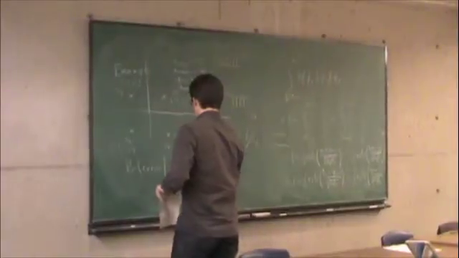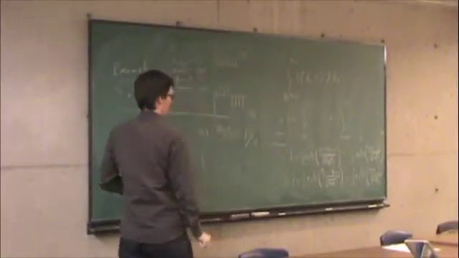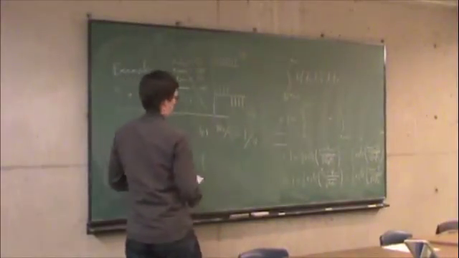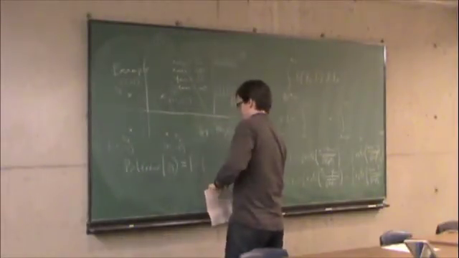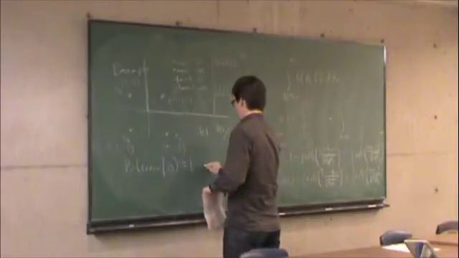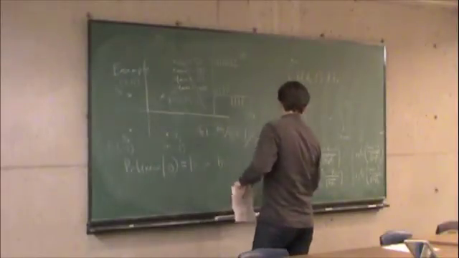Probability of error given 0 is 1 minus this times that. Let's call that 1 minus A times B, where this is A and this is B.